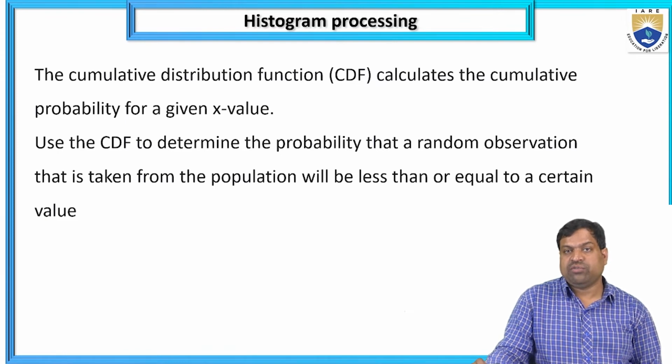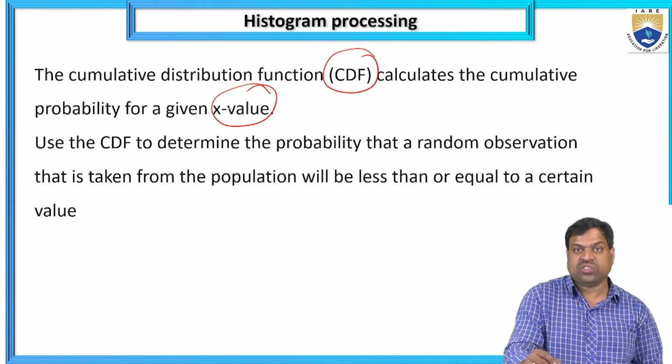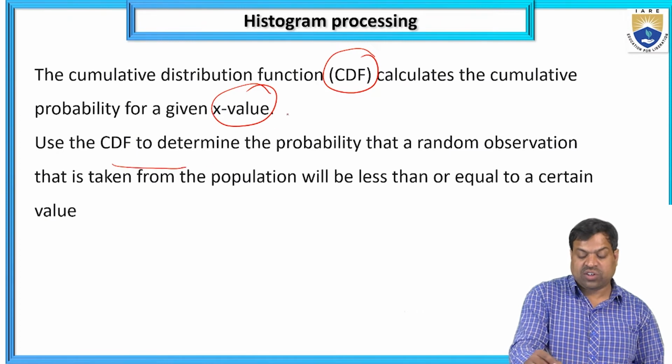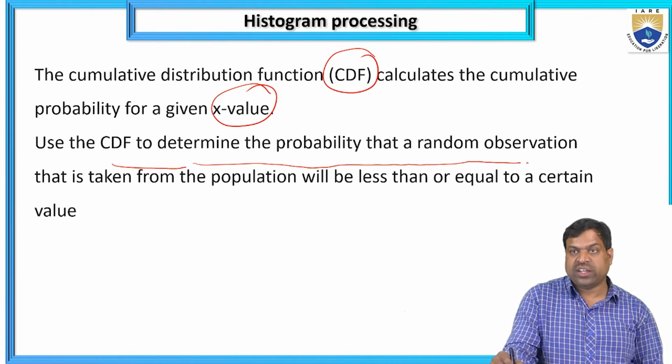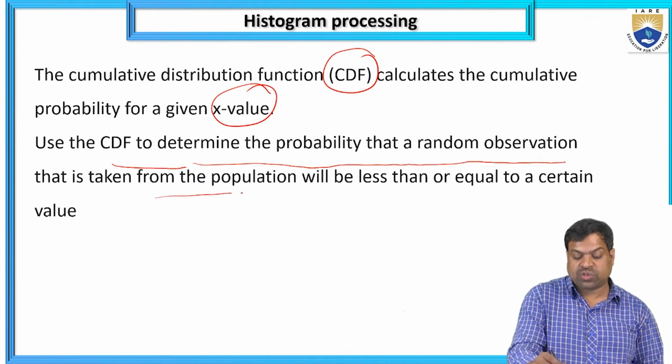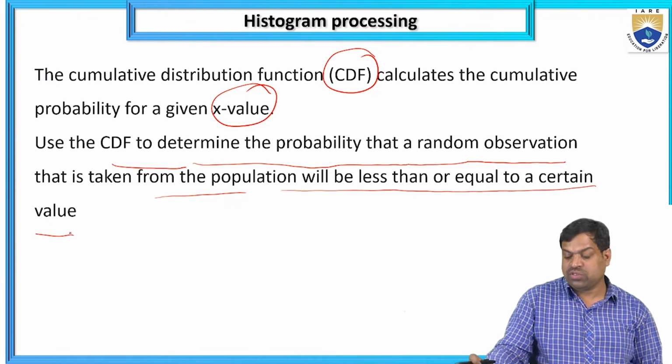Here the CDF is used to determine the probability that a random observation taken from the population will be less than or equal to a certain value. Here I'm calculating the CDF values from the x values, and after finding the x values, we again use the CDF to determine the probability that a random observation taken from the population will be less than or equal to a certain value.